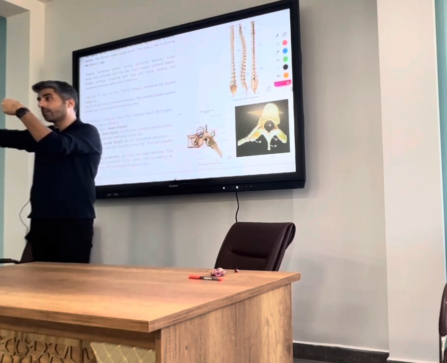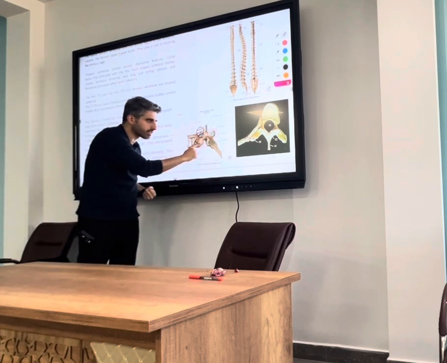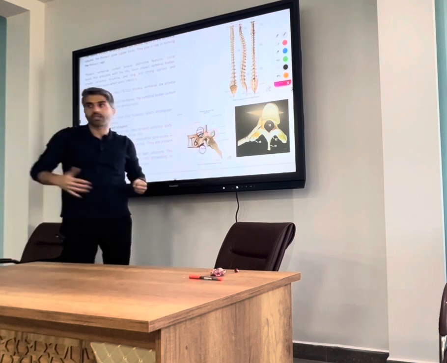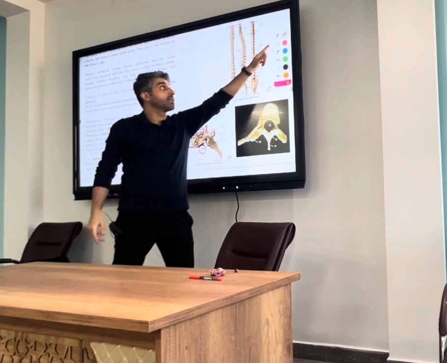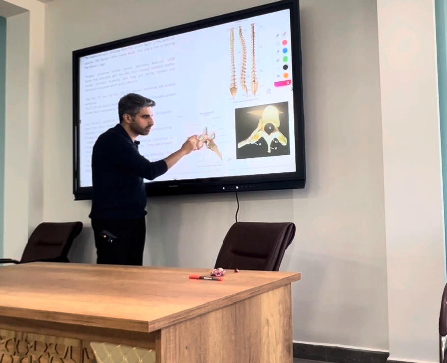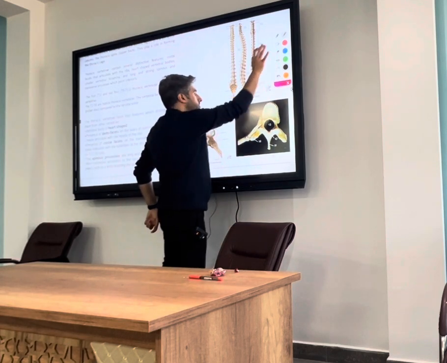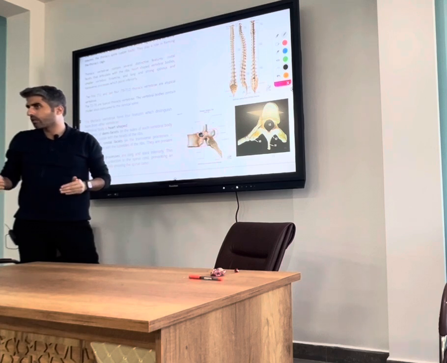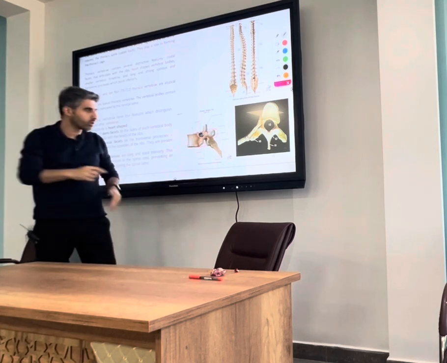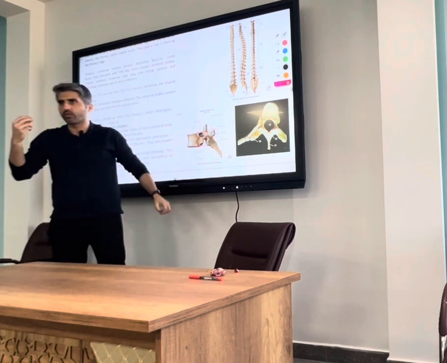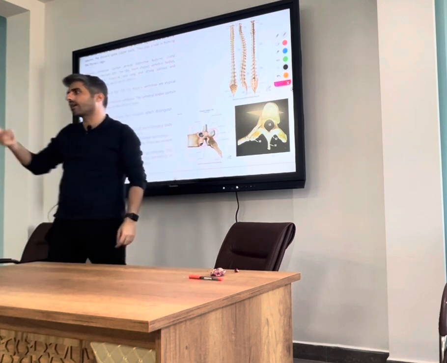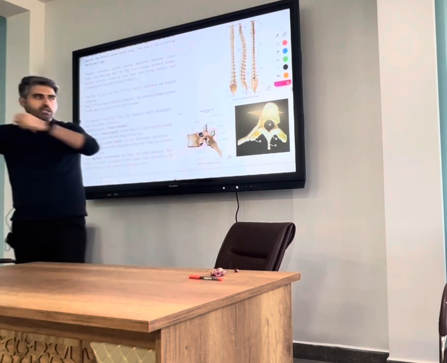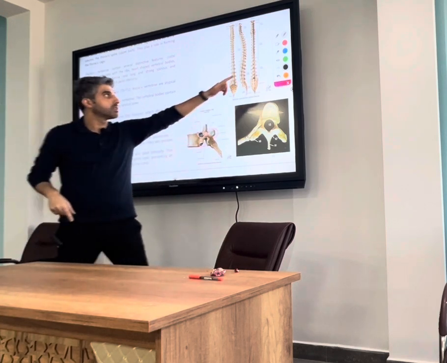Rib number 7 attached to the 7 and 6. So you can see the place for two ribs. The same number here, and 7 also attached to the 6. So the normal thoracic vertebra has two parts for the ribs. One up, one down.